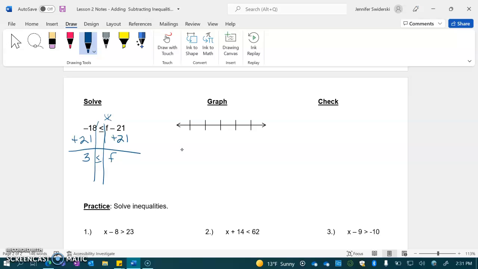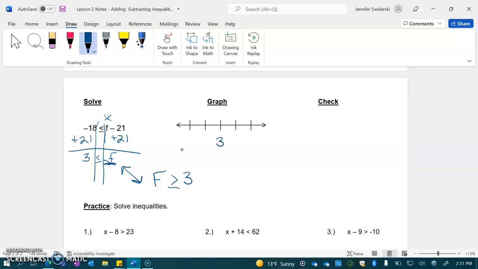Now for me, I like to get that variable first. So now that I've solved it, I'm going to flip it back. I'll get f. Since I'm flipping this so that f is first, I need to flip my inequality. So it's no longer going to be less than or equal to. It's going to be greater than or equal to 3. Do you notice how I just flipped everything in here? That's going to help me with graphing.